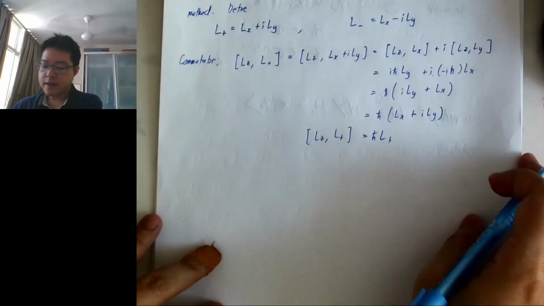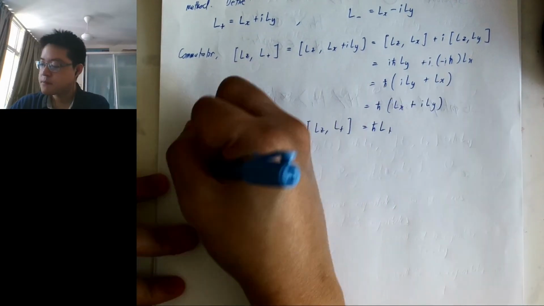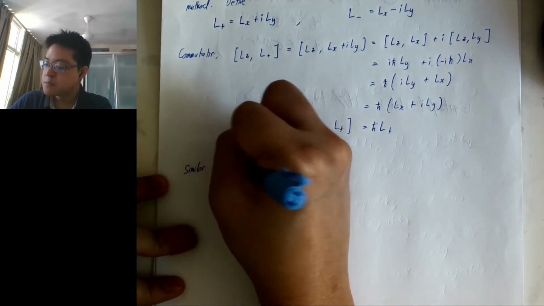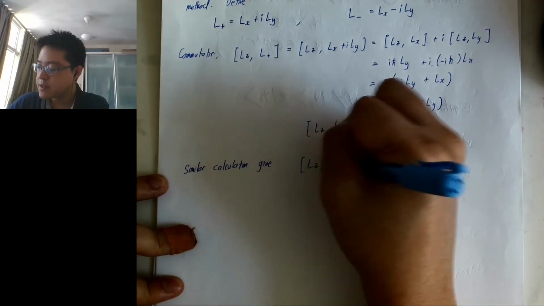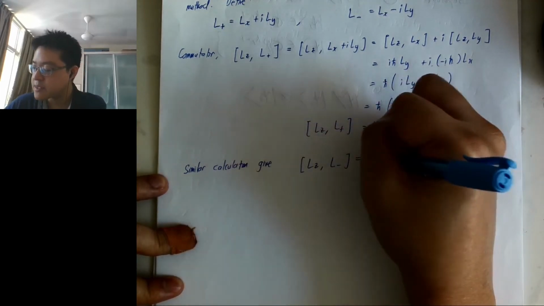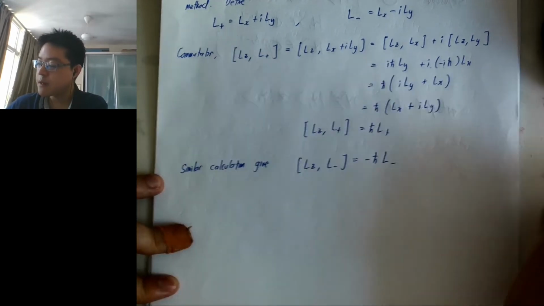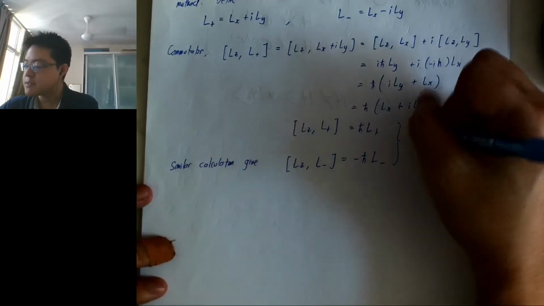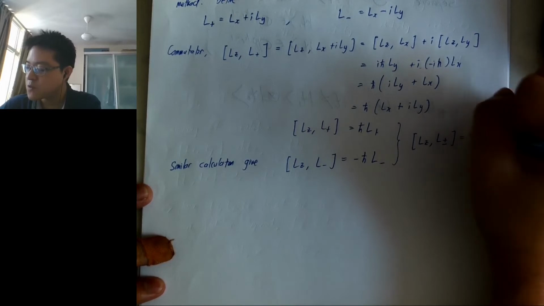Okay, and then by a similar calculation, you get the result for minus. This one is something you should probably try by yourself as practice. For the minus, there's a minus sign. So usually in the shorthand notation, because it is plus or minus, instead of writing it twice every time, you just compress it into one.